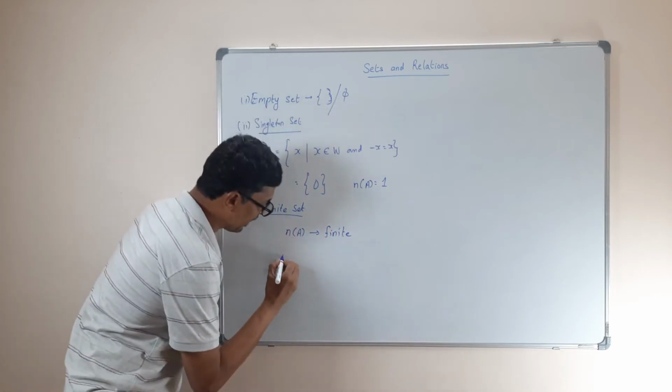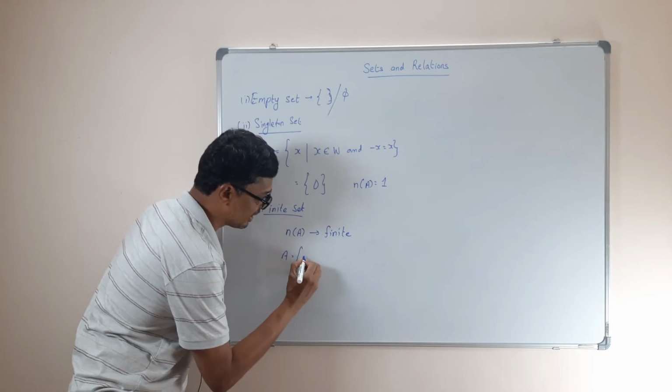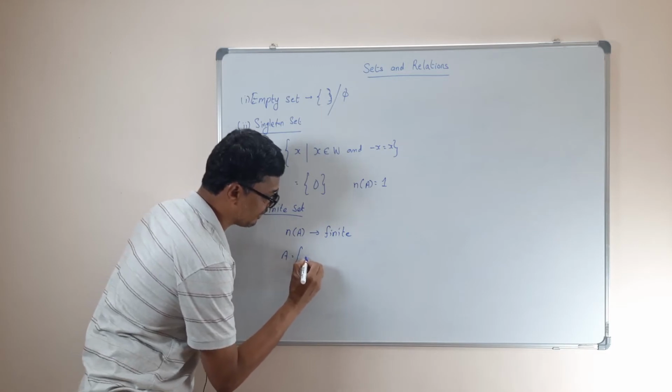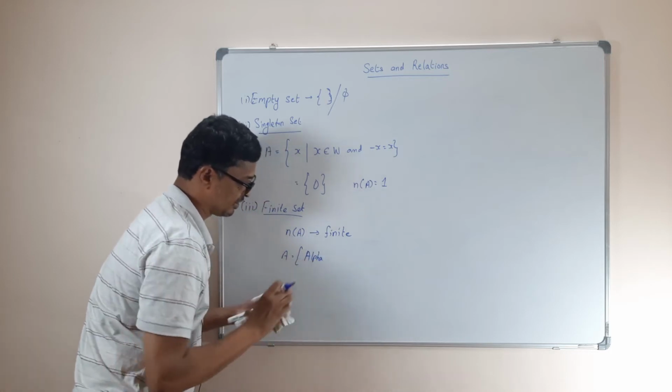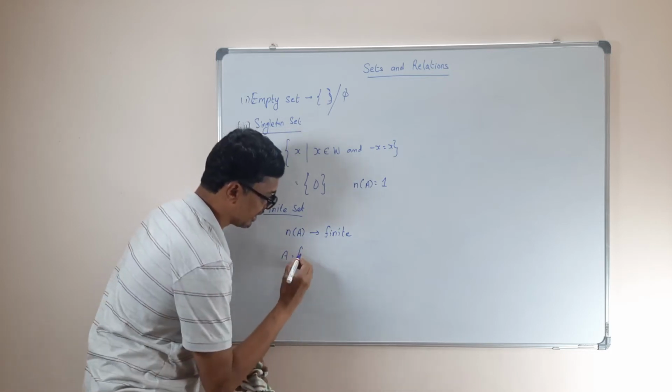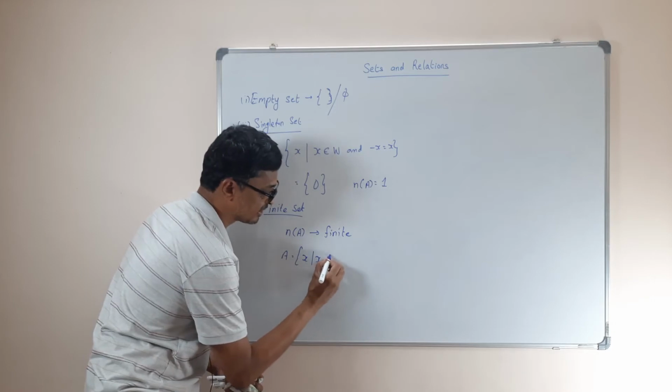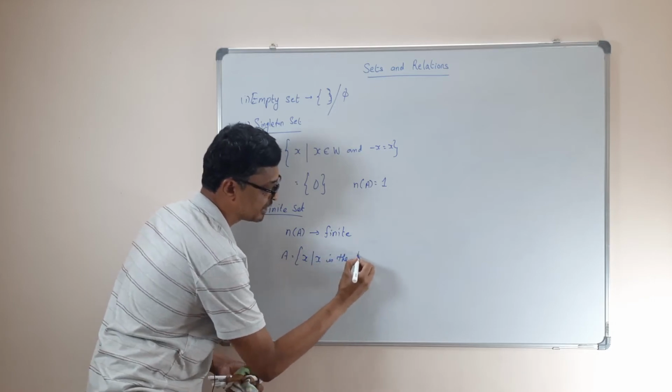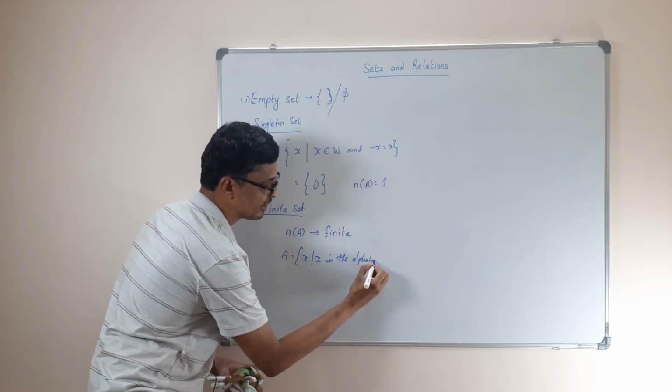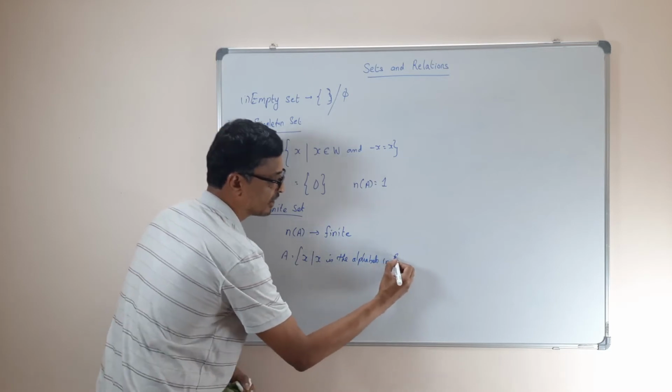Can you tell me if A is the English alphabets, the set of x where x is an alphabet in the English language?